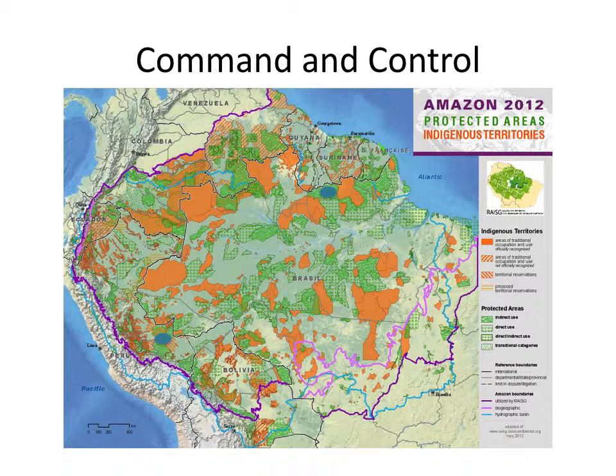Now, another reason that command and control poses some challenges is, say you have a large predator like some kind of subspecies of jaguar. This is a total hypothetical, but say you have some subspecies of jaguar that lives in this reserve right here. You have this command and control reserve, and you've implemented it with the hope of preserving this exotic species.